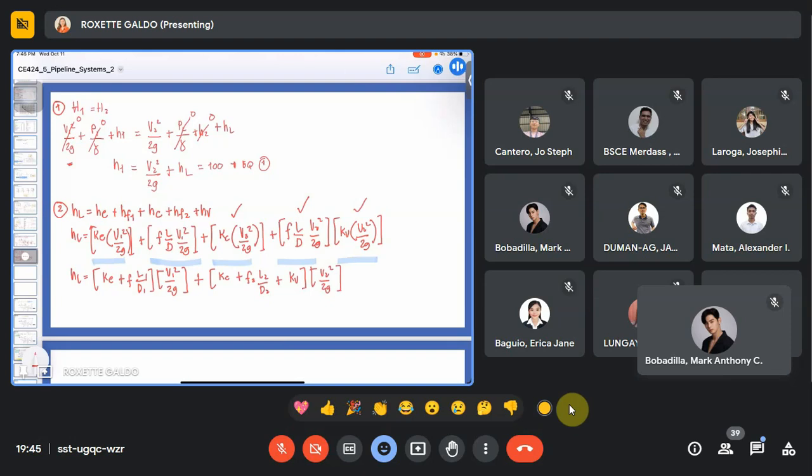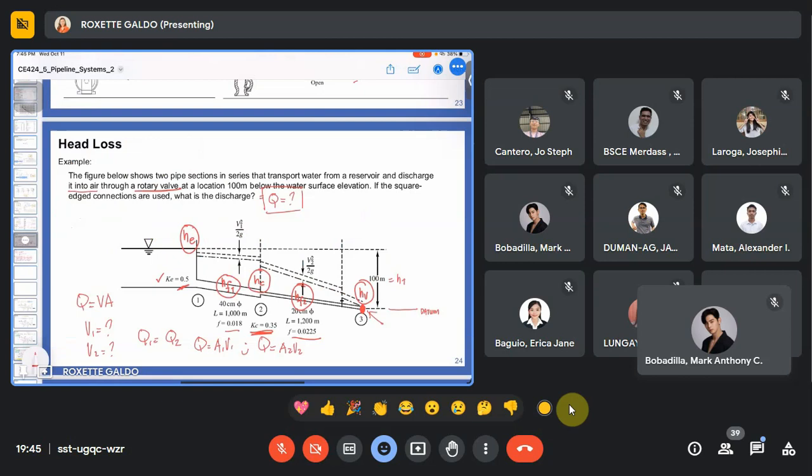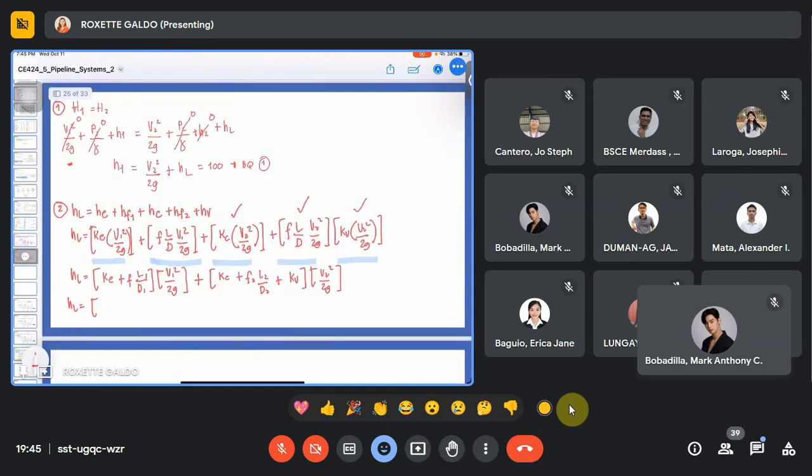Okay. So let us substitute the values now. For HL, KE is 0.5. Frictional coefficient in pipe 1 is 0.018. Length of pipe 1 is 1,000. Diameter is 40 centimeters. So I'll substitute that here.